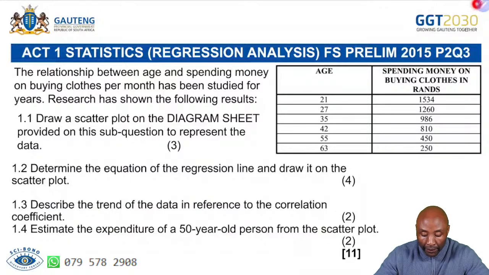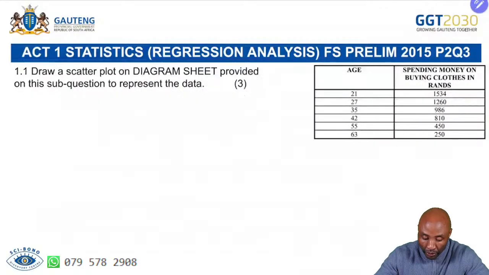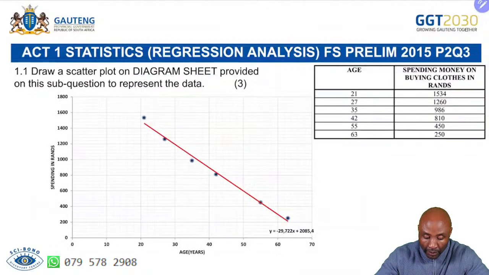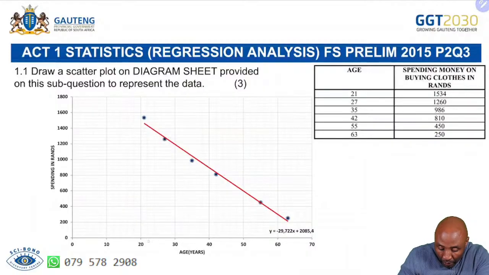Remember, I've indicated when you are drawing your scatter plot, your points. So our age is 21. Check this side. Each of the smaller blocks represents 2. So that is why that point is on the middle of the block.